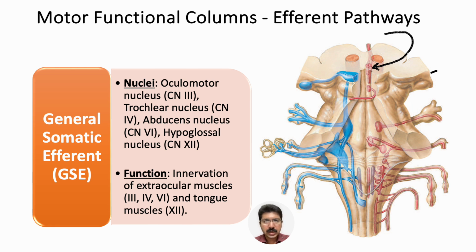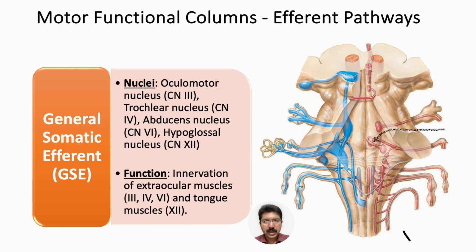Next is the trochlear nucleus, which is positioned also in the midbrain, but at the level of the inferior colliculus, and that innervates the superior oblique muscle, which is another muscle that moves the eye. The next one will be the abducent nucleus, found in the pons, controlling the lateral rectus muscle, which moves the eye laterally.